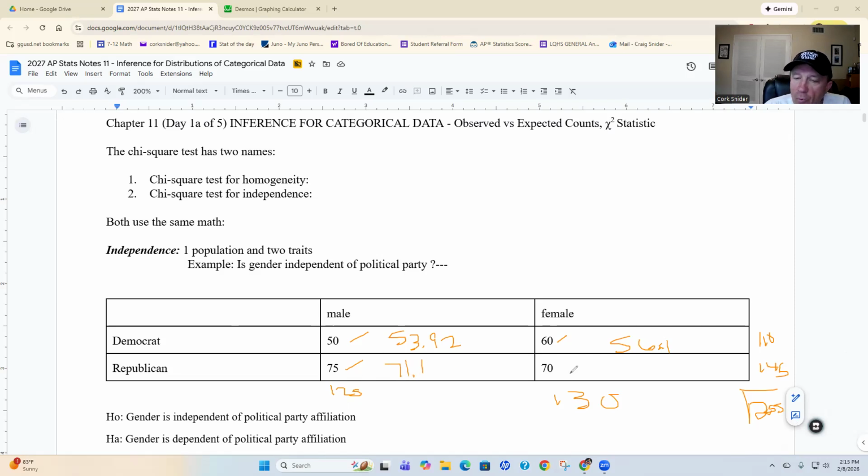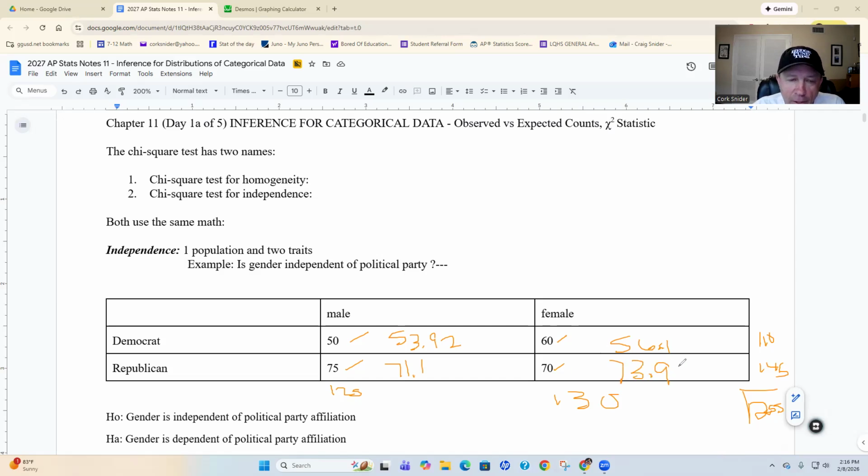The last one would be 130 times 145 divided by 255. You get 73.9.